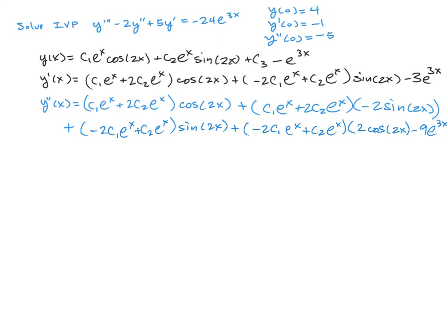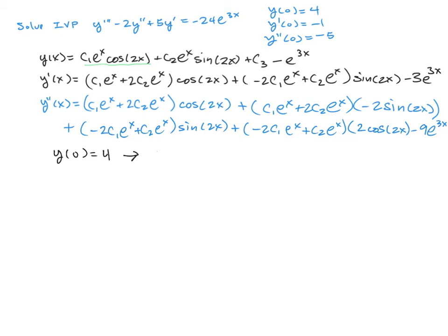All right, so now it's time to impose those initial conditions. So first up, we've got y of 0. That must equal 4. So when we plug in 0 into y, we're going to have a 0 in all those places. The first term is just going to be a c1, because e to the 0 and the cosine of 0 are both 1.